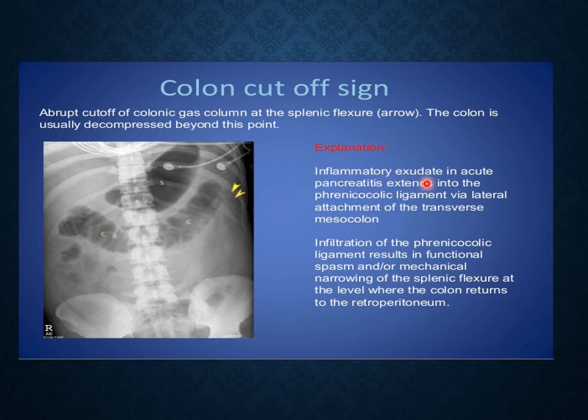Inflammatory exudate in pancreatitis extends into this phrenicocolic ligament, and that holds up this intraperitoneal part as a dilated loop.